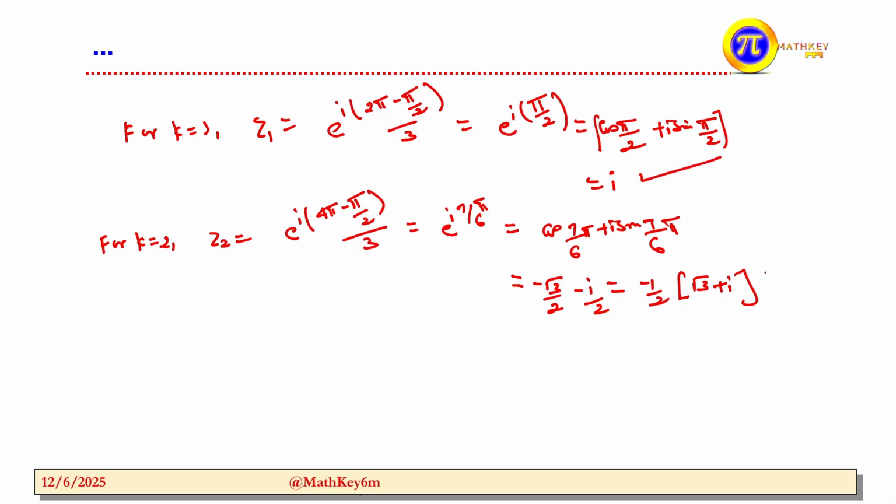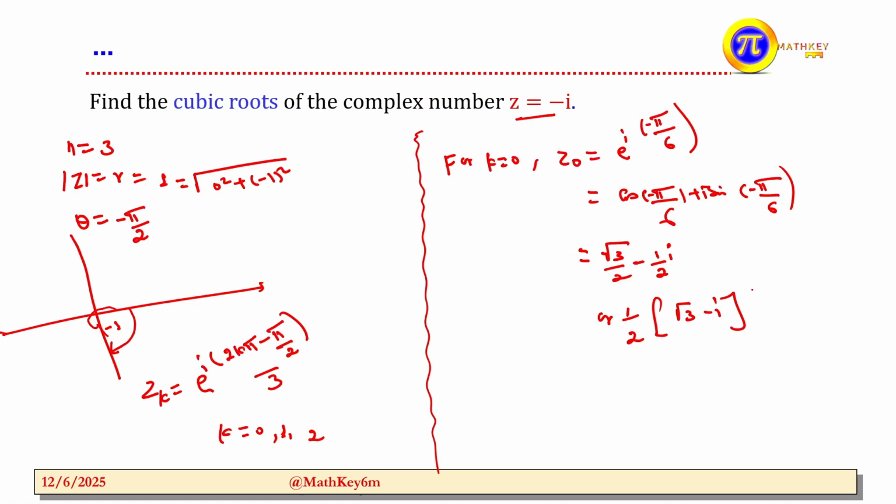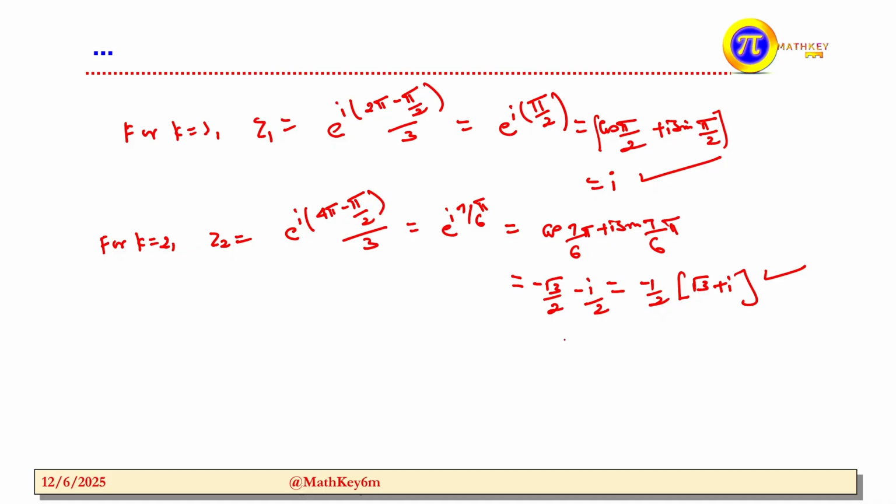This is one root, this is the other root, and the first root we have is this one. Therefore, we obtain the 3 roots of the complex number z equals negative i.